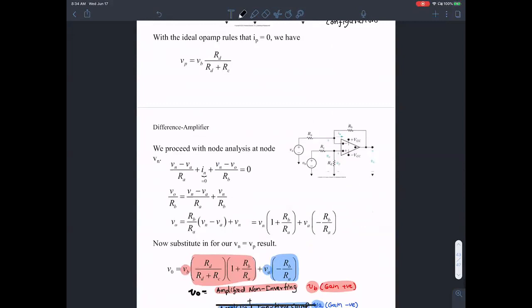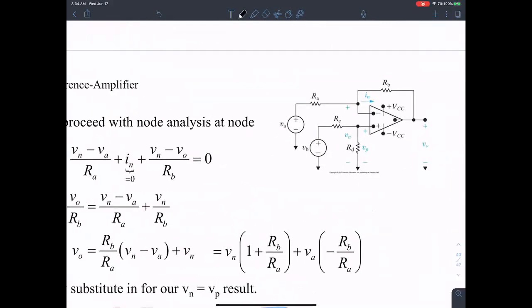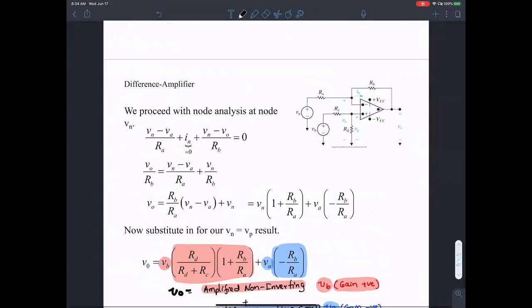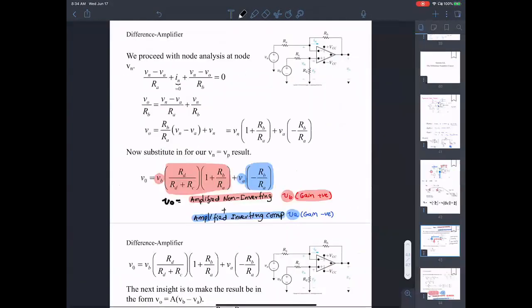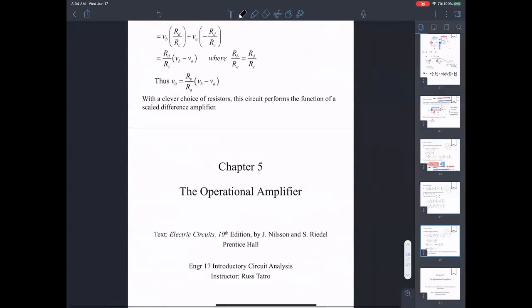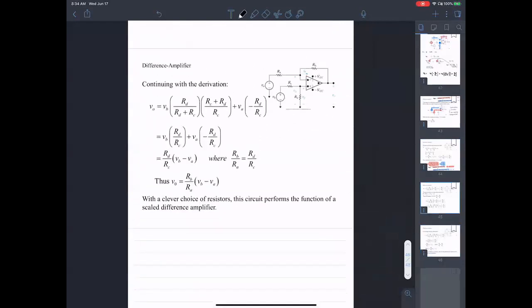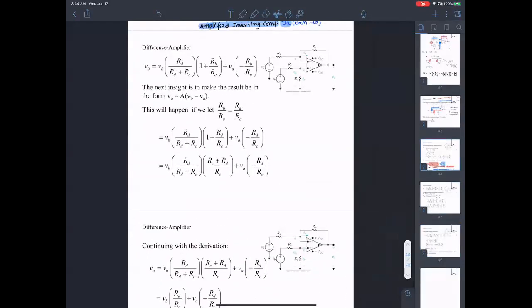Had we forgotten that formula, what would be another way to solve for VP? Yes. This one, right? Okay. Let me see if I can add a page over here and copy this one.